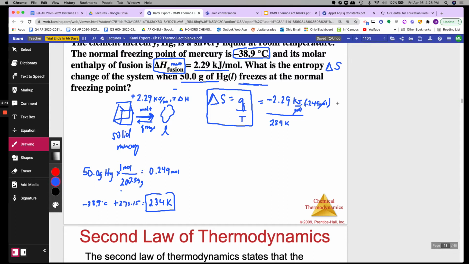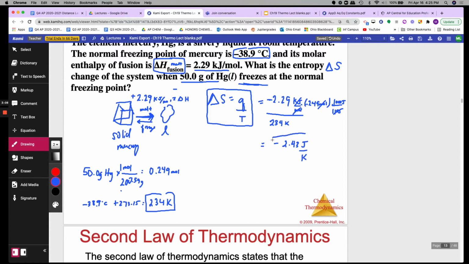Also, I'm going to change this to joules, so 1 kJ is 1,000 joules. Okay, dividing those numbers, the kJ will cancel, you're going to end up with joules divided by this, and you're going to get negative 2.43 joules over K.